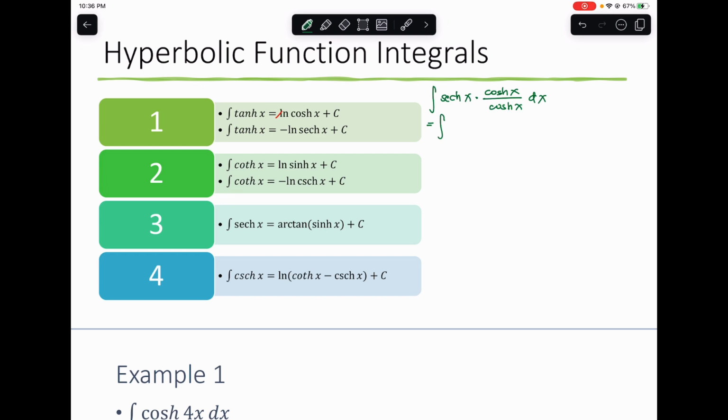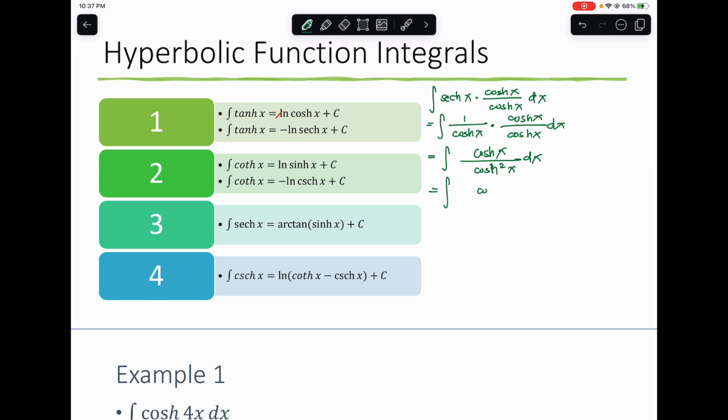So since secant is the same as 1 over hyperbolic cosine of x, this would become hyperbolic cosine of x over hyperbolic cosine squared of x dx.